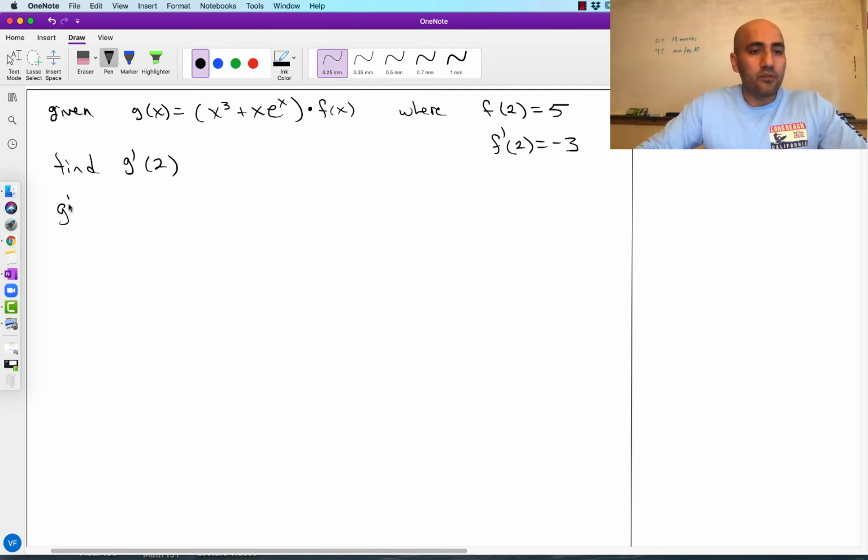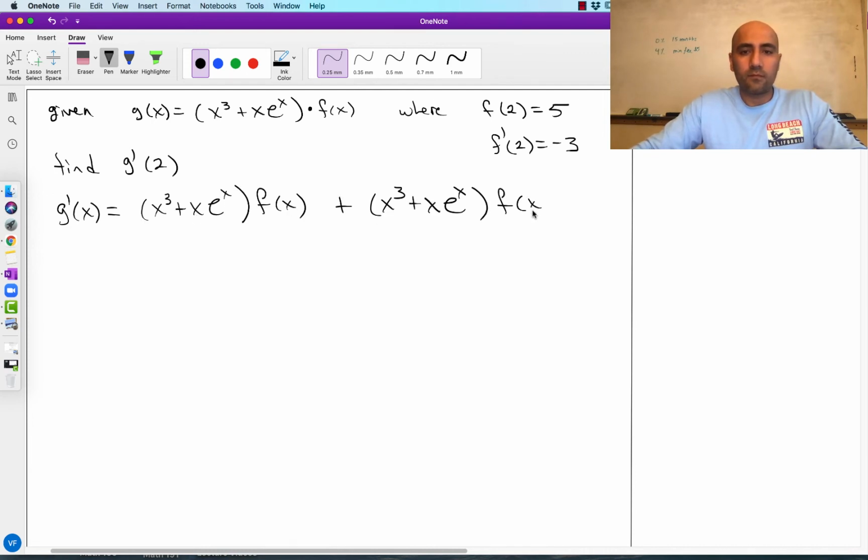So the g prime of x, following our product rule, is going to be the following. Okay, so I just copied it twice because there's 2 terms, and now I have to take turns taking derivatives. So it's going to be the derivative of the first one, leave the first one alone, and now derivative of the second one. Good. All right, so now let's simplify it.